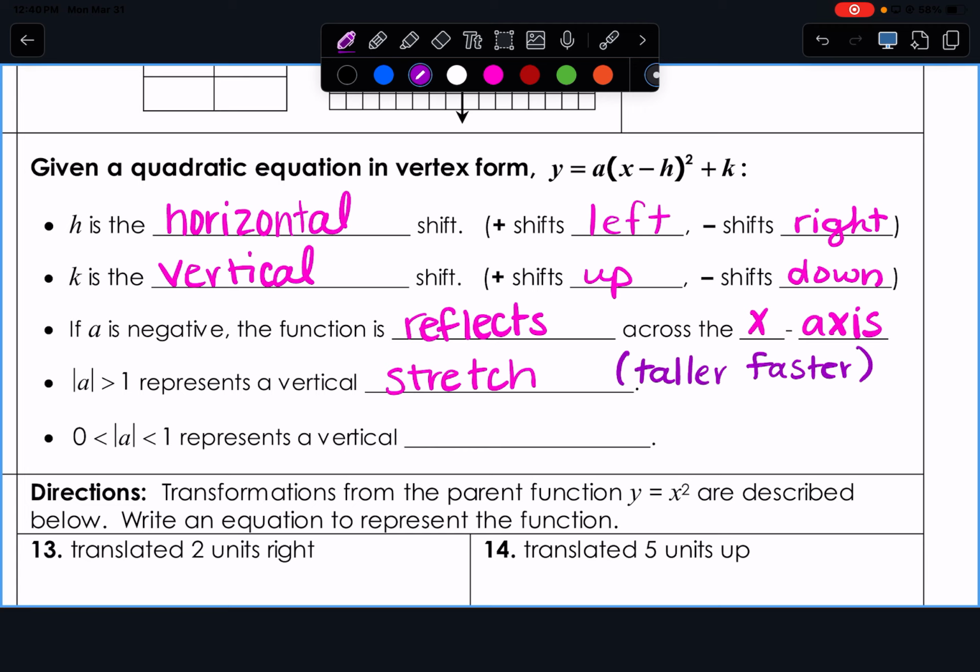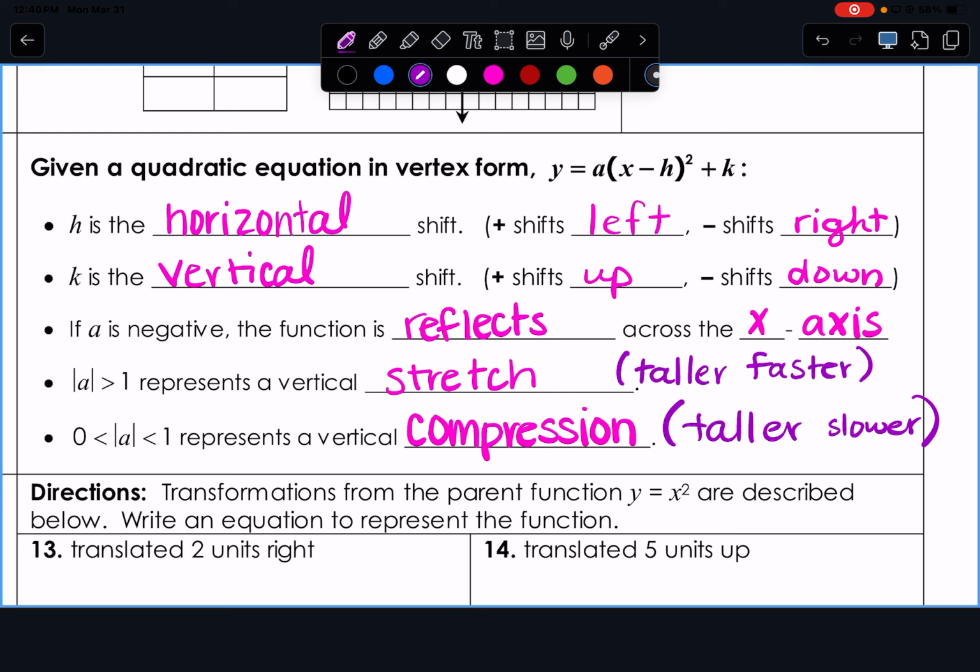Now, if A is between 0 and 1, that is a vertical compression. What would happen if I took your height and multiplied it by 1/2? You get half as tall, right? Basically what that does is it makes you get taller slower. So instead of stretching it this way, you're going to push it down together.